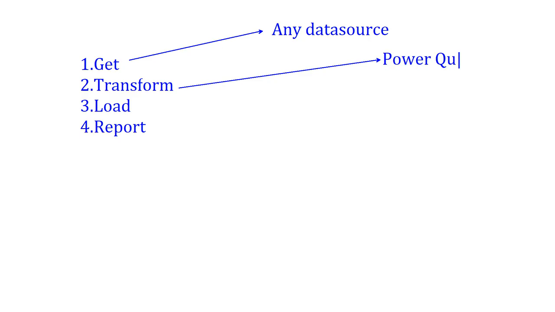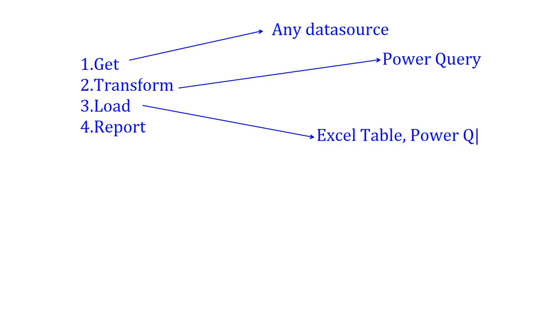We are going to load it as an Excel table, or we can have the data in Power Query itself. Power Query can be a backend, Excel can be a front end. We have both the options. So get it, clean it up, load it into Excel or have it in Power Query also.